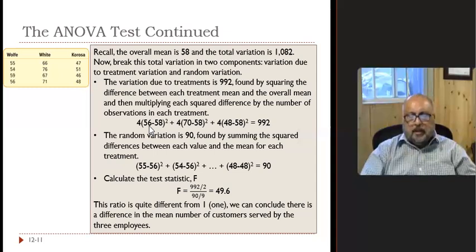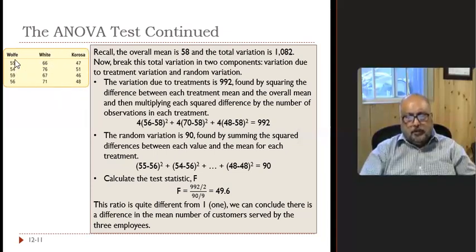So we have 56 minus 58, because 4 observations. It is found by squaring the difference between each treatment mean and the overall mean, and then multiplying each squared difference by the number of observations in each treatment. This is the method. So how many observations are in each treatment? This is one treatment, this is another treatment, and this is another treatment.